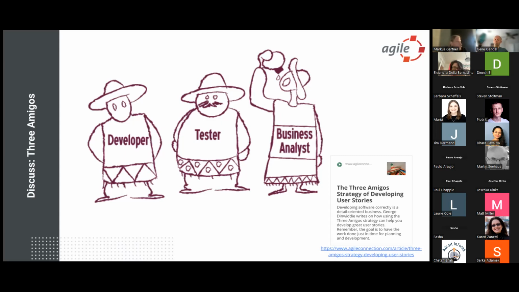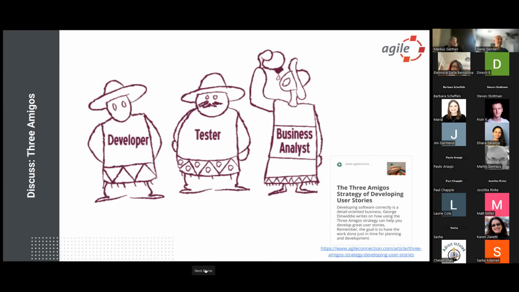In my previous employer, we did this in a workshop setting with more than 3 people, but we made sure that we had all those 3 different hats in there as well. We're going to share the slides later on. You can have a look at the original article from George Dinwiddie as well. I linked that.